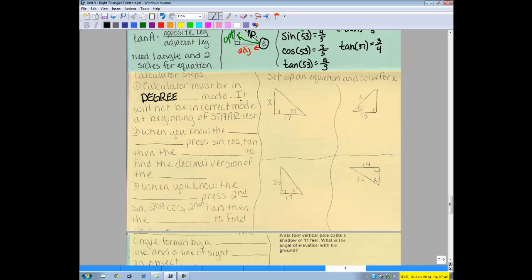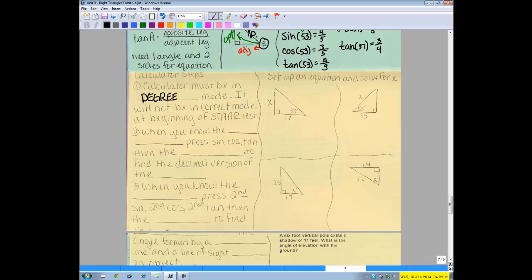It will not start that way during the STAR test. You're also not guaranteed it'll start that way on the rest of the day. So you have to make sure that you do degree. Every time that your calculator is reset, it will go back to what we call radians. So you've got to make sure that you change it to degree, or your answers will be completely wrong.